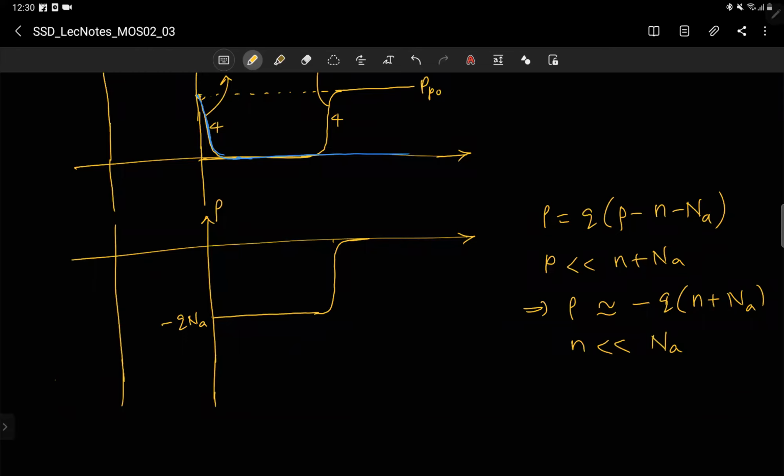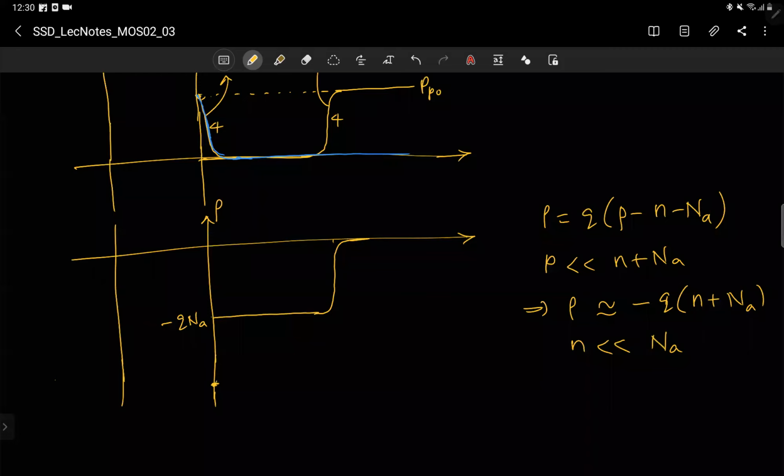The electron concentration, in linear scale, at this surface is Na, because pp0 is Na. So you should have 2 times minus qNa, because the electron concentration is also n, and it is decaying rapidly.